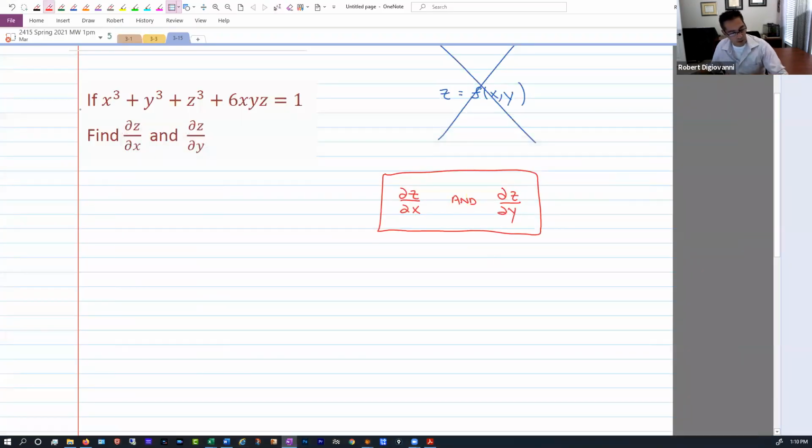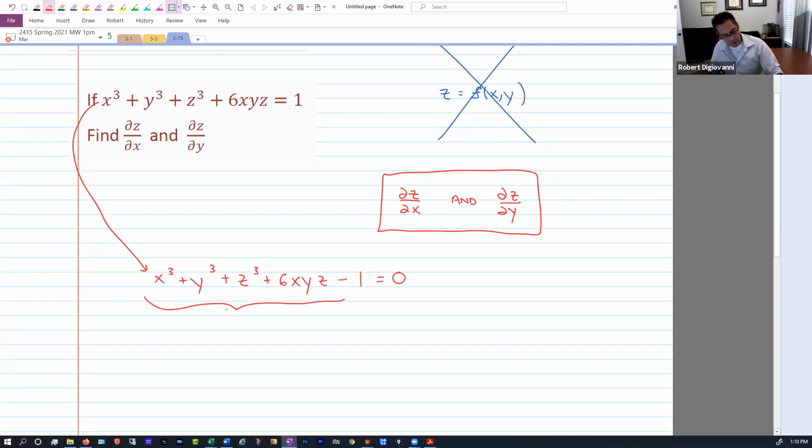So I'm going to take this equation and bring everything to one side, which practically is already there. I just need to bring the 1 over. And now all of this over here is our capital F of X, Y, Z, right? We are defining that to be that.